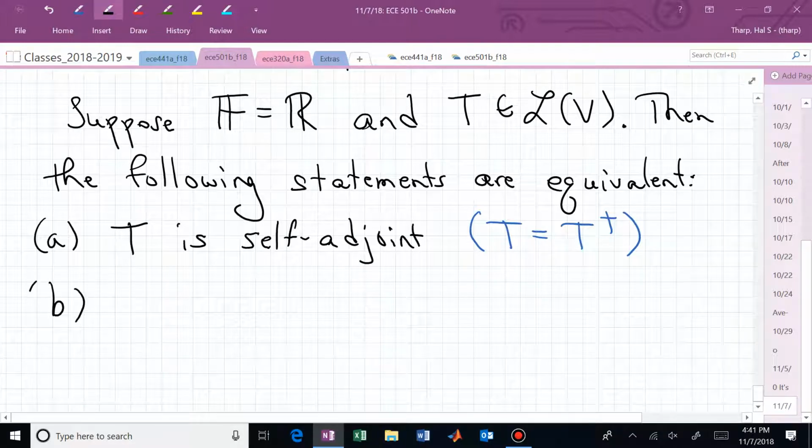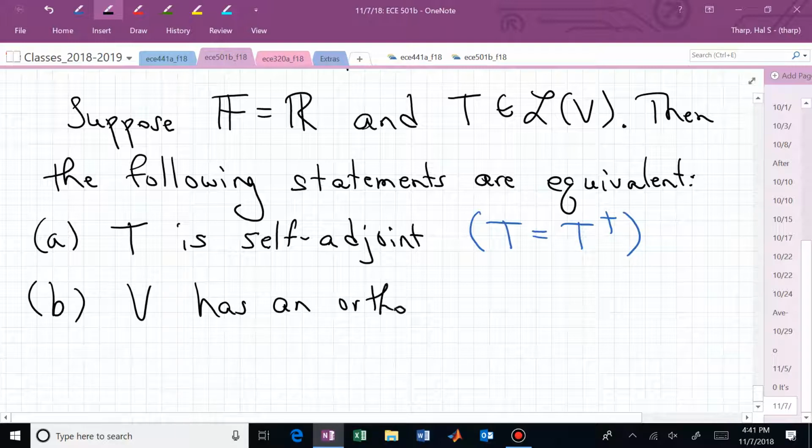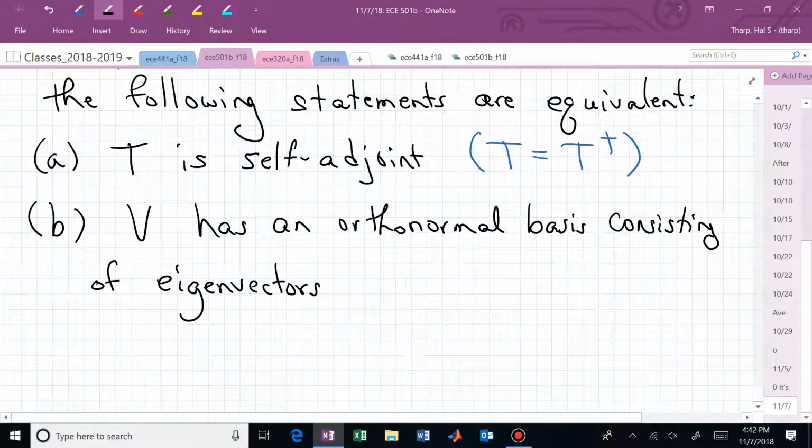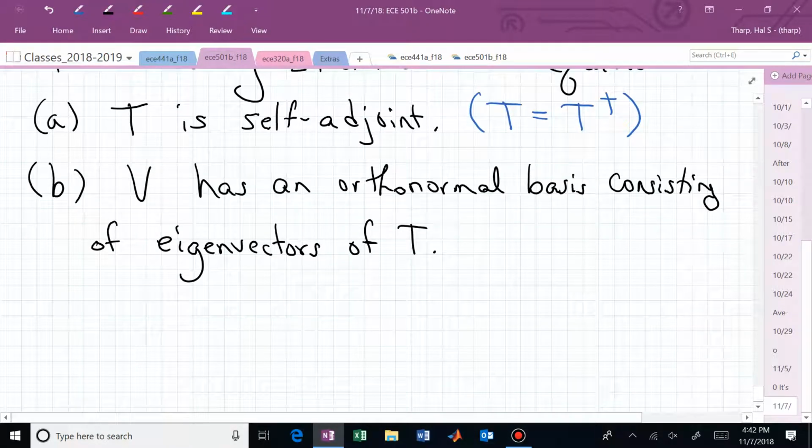If T is self-adjoint, then V, this vector space, has an orthonormal basis consisting of eigenvectors of the operator T. So before, when we were on a complex, it needed to just be normal.